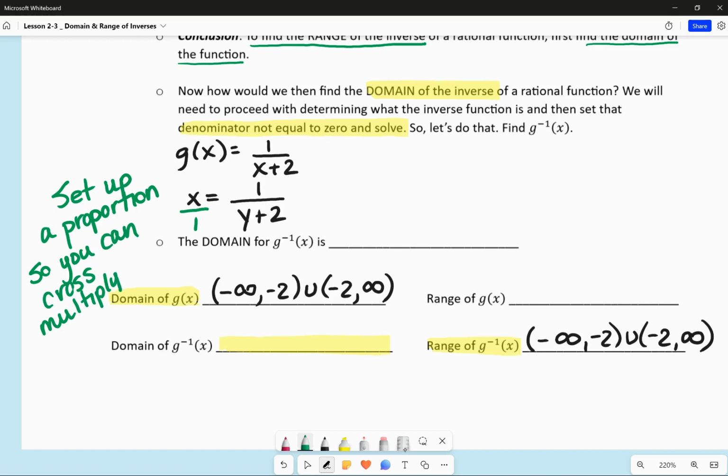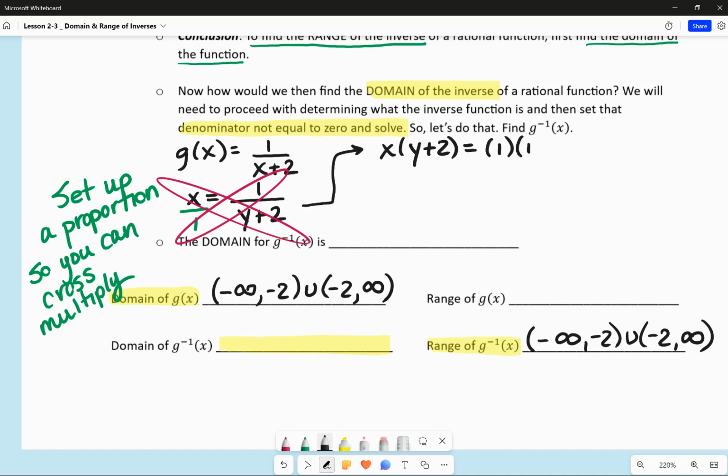I'm going to cross multiply by multiplying x and y plus 2, and 1 times 1. So x times y plus 2 is going to equal 1 times 1.